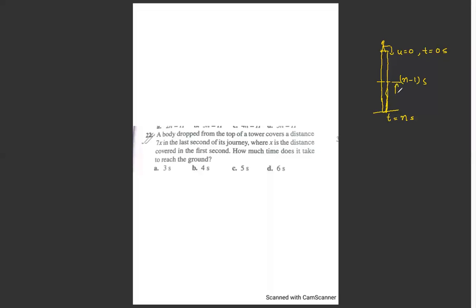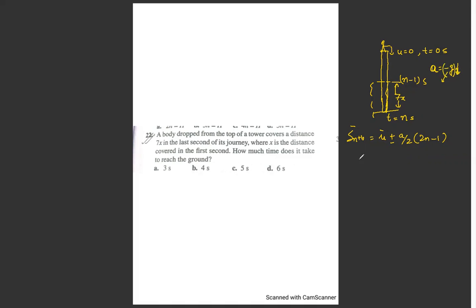It is 7x. Probably you have remembered the equation S nth equal to u plus or minus a by 2 into 2n minus 1. We are going to use that equation in the nth second, the last second. Acceleration is equal to minus g meter per second square, in the downward direction, so I put the sign convention as negative.